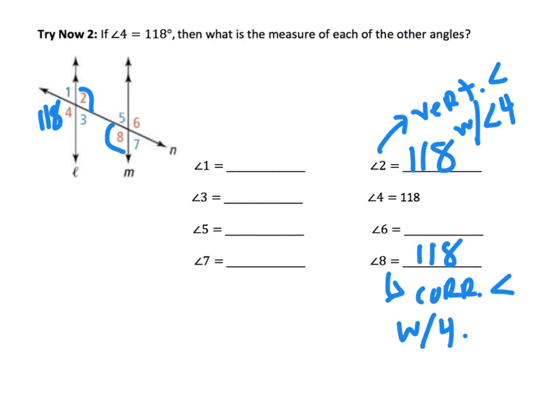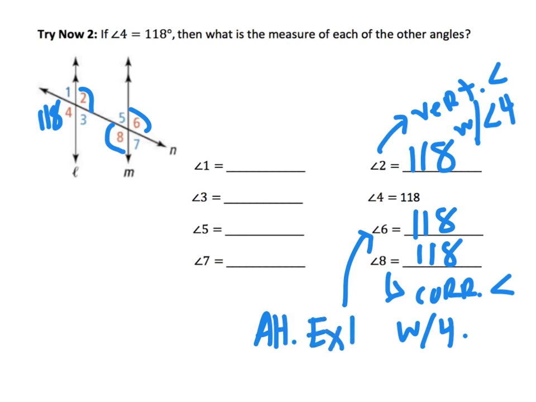And let's see, the last one I know has to be 118 is, sorry, I'm trying to get rid of my, here we go, is number 6. Now 6 and 4 are going to be alternate exterior angles. And I know they're alternate exterior because they're on opposite sides of my transversal and the outside of my parallel lines.